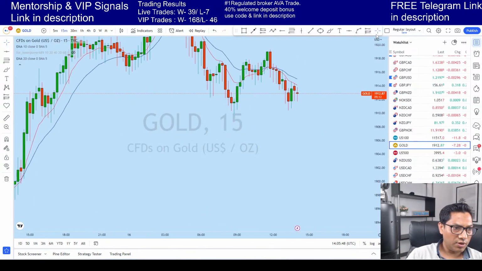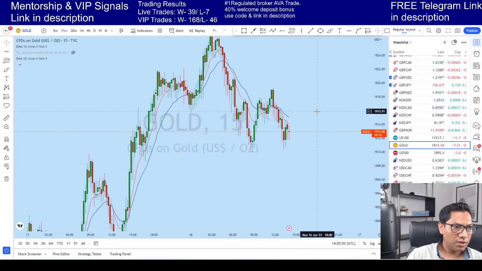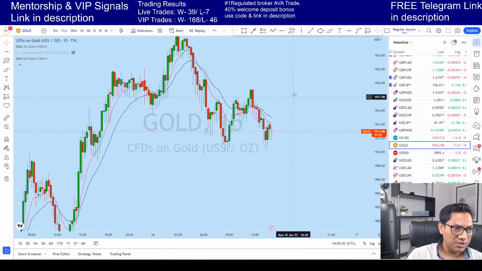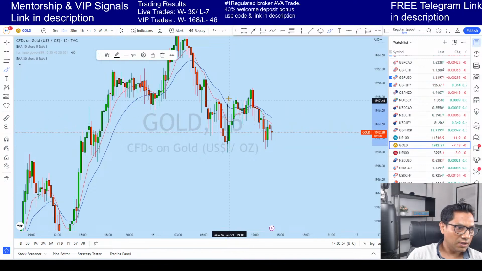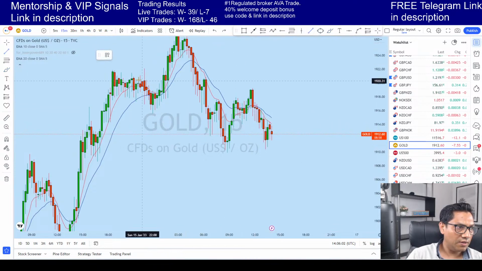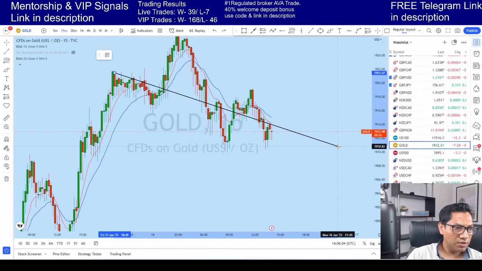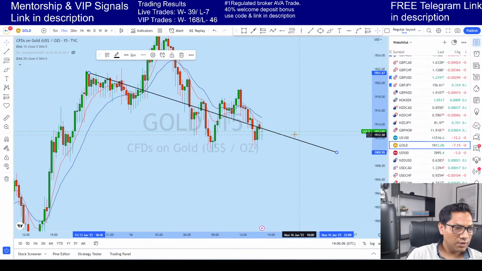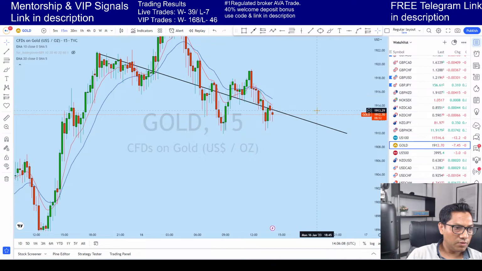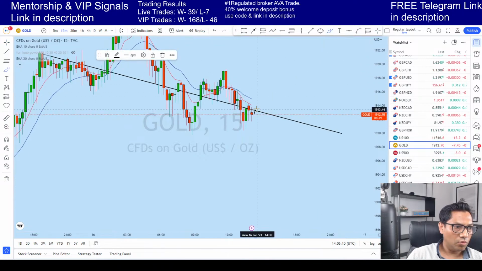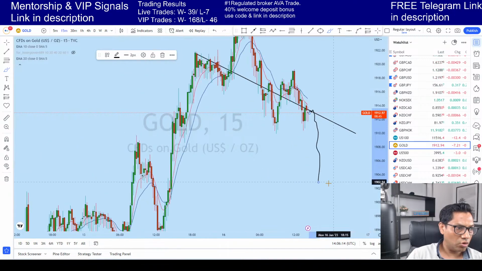You can see this is the 15-minute chart. So far the price action is still bearish. There is a head and shoulders that has broken down with this green candle, tested the neckline exactly as I defined in the beginning of this session, and is forming a doji. We could see this price have a drop.